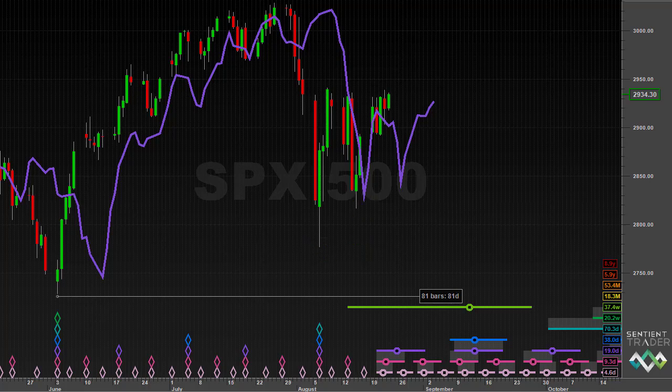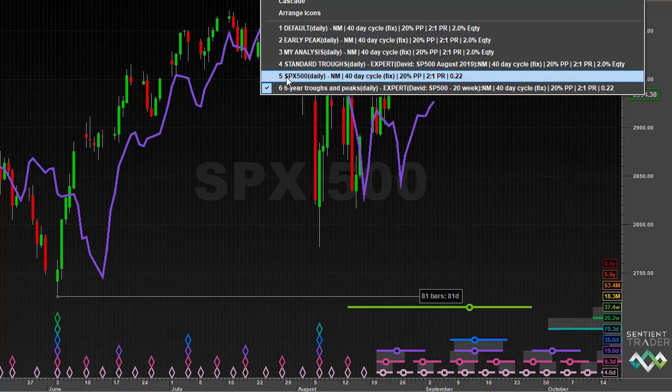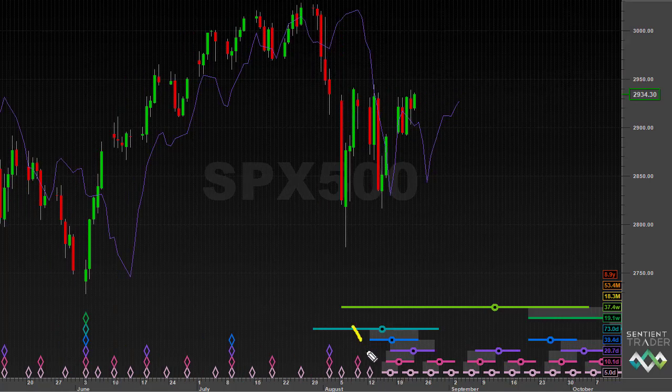So let's take a look at a chart that presents that possibility. Here it is over here, and you can see the nest of lows for the 80-day cycle trough over there. Of particular interest is the fact that the trough on the 15th of August formed exactly above that circle for the 80-day cycle trough.